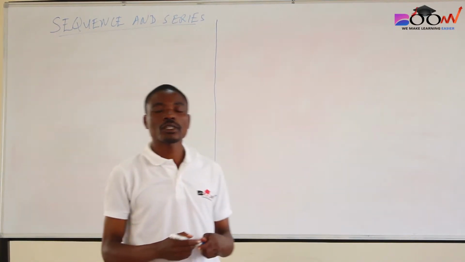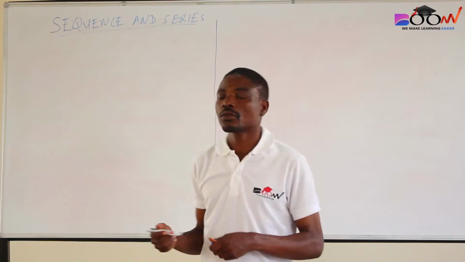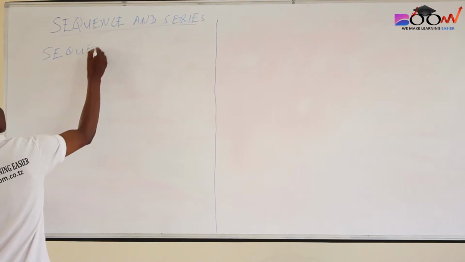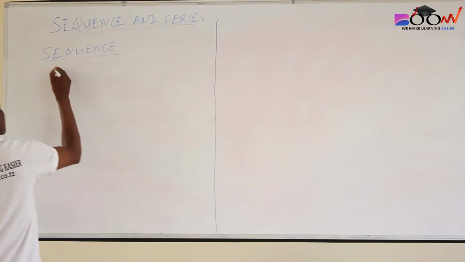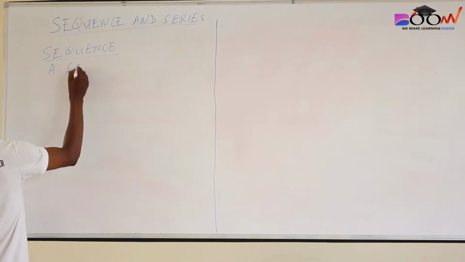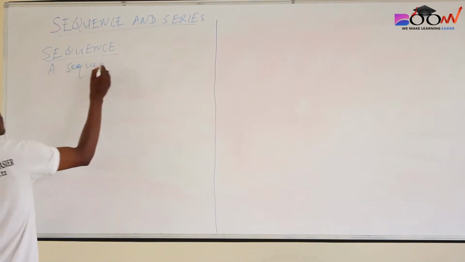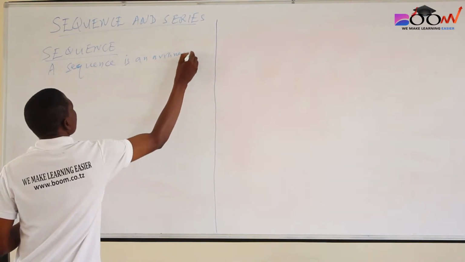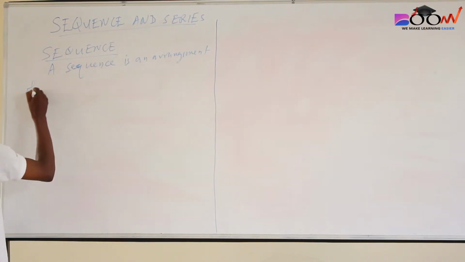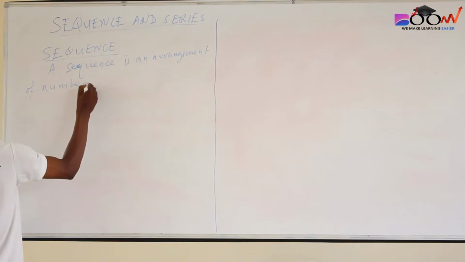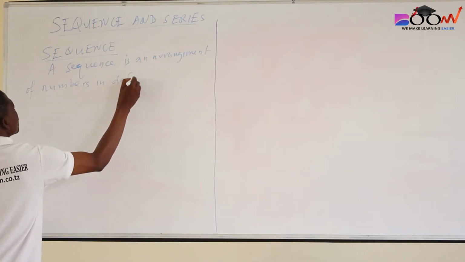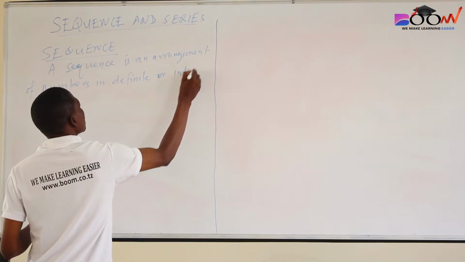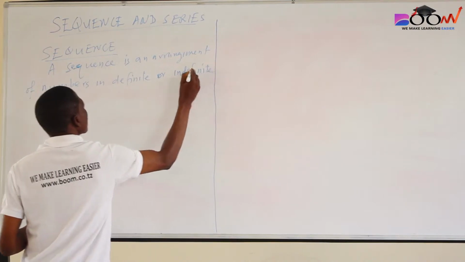Now first we have to define the word sequence. Therefore, by definition, we will talk about sequence first. A sequence is an arrangement of numbers in definite or indefinite order.